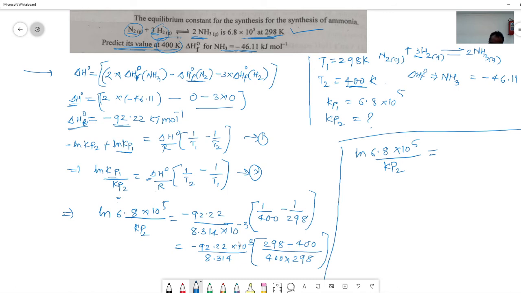Let's calculate the values within a fraction of a second, or otherwise you can also calculate with the help of a calculator. Remember that for the FYBSc university exam, a non-programmable calculator is allowed. Therefore 298 minus 400 is equal to minus 102.